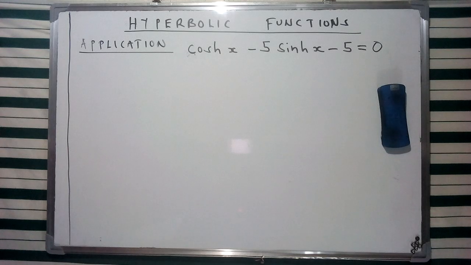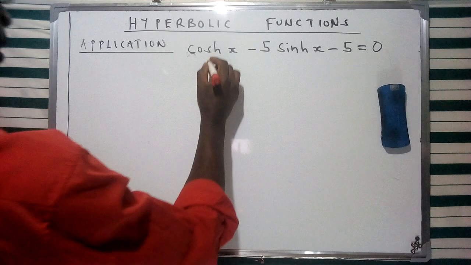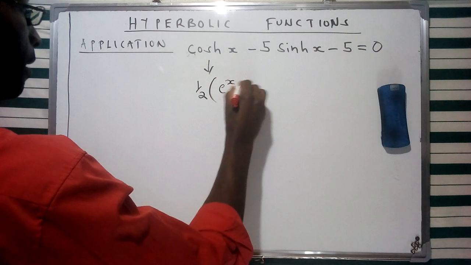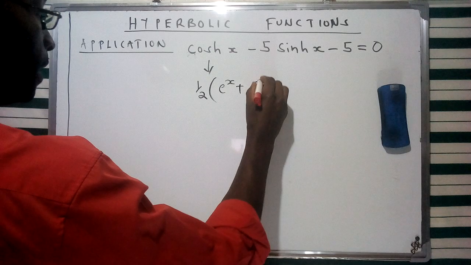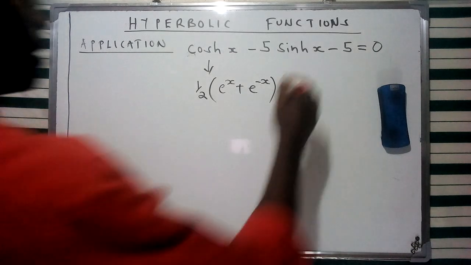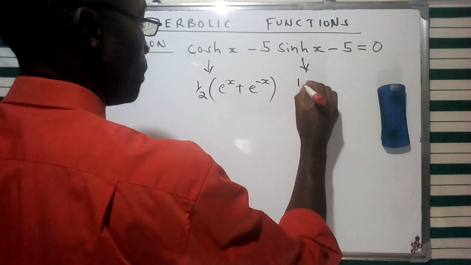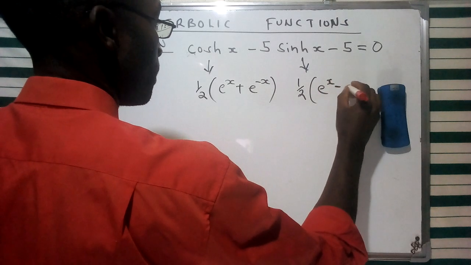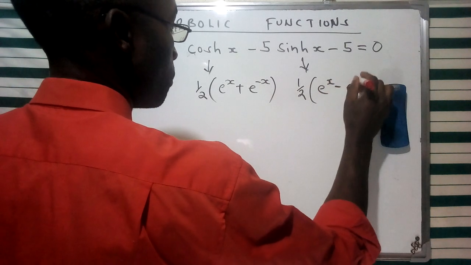For instance, I mentioned that cosh of x is represented as a half into e^x plus e^(-x), and those are going to be exponents. And I mentioned that sinh of x is represented using the complex analogy of a half into e^x minus e^(-x), so this is negative x.